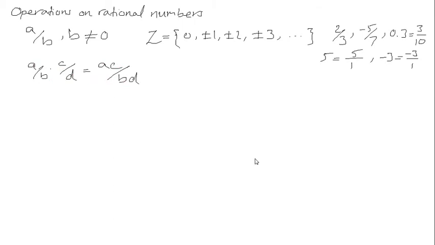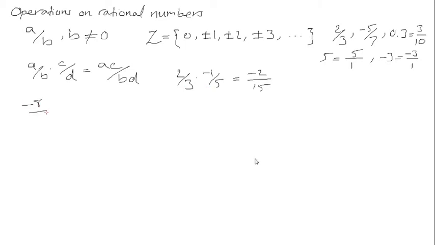Let's look at some examples. 2 over 3 times negative 1 over 5. So I'm multiplying the numerators. 2 times negative 1 gives me negative 2, and 3 times 5 gives me 15, and that's the answer. Another example.